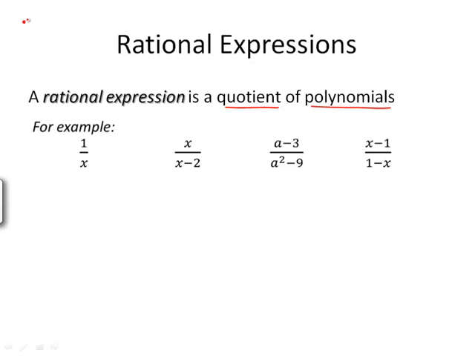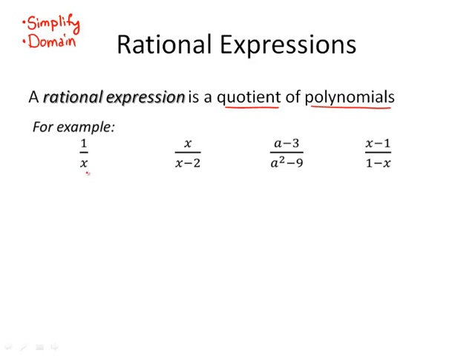So our 2 points that we're looking at are simplifying, and what makes the denominator undefined, and that relates to the domain of the rational expression. If you can recall, domain was the possible inputs for the variable. So let's just explore with these before we create any rules for us to follow.